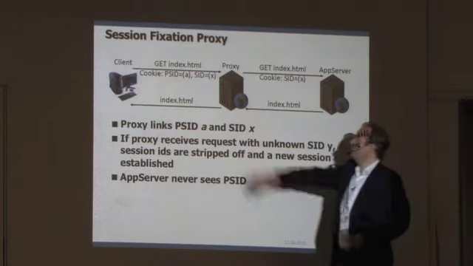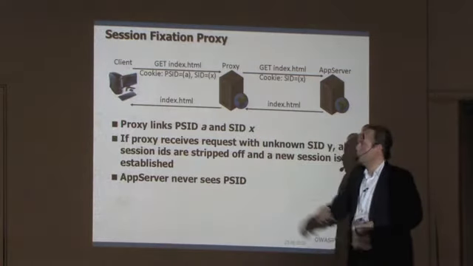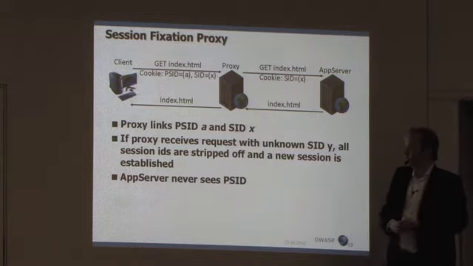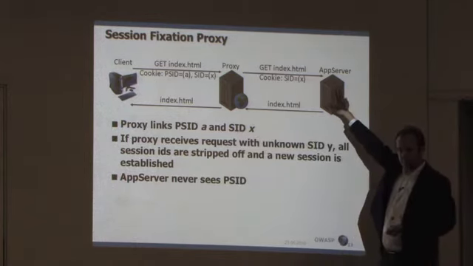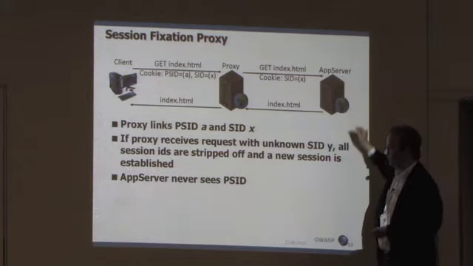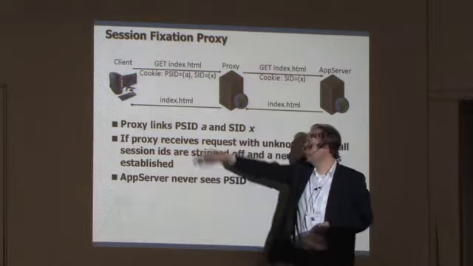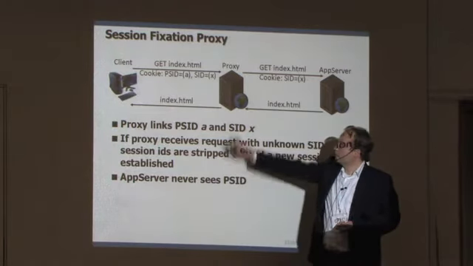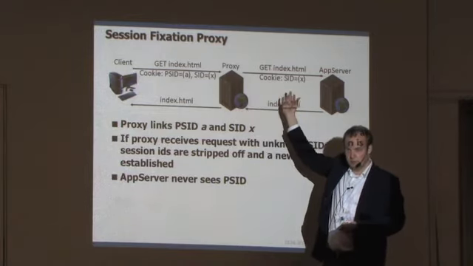So we have a proxy here, and we now have 2 session identifiers. We have one session identifier that the application uses that might be vulnerable to session fixation, and we have a proxy session identifier named PSID. And the proxy is the only one who can link the proxy session identifier to the real session identifier.